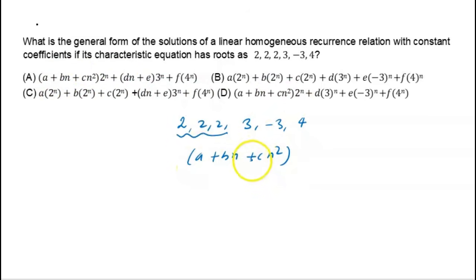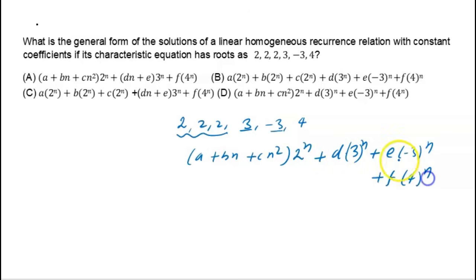Ideally we should use c1, c2, c3, but because the statement writes it like this, I am also writing it like this. Now 3, minus 3, and 4 are distinct, so I will write d into 3^n, plus e into (-3)^n, and plus f into 4^n. So I think option D will be correct. They could have written f into 4^n to make it look similar to the other notation. So the correct option is D.